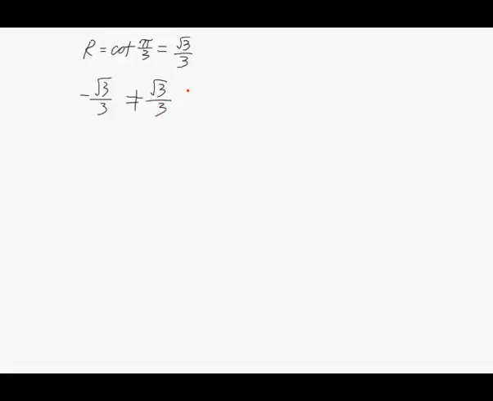So that means this pi over 3 is an extraneous root. So we just discard it.